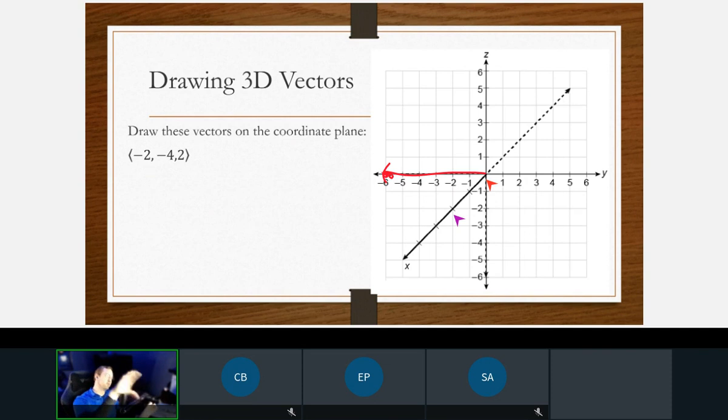So you gotta visualize this line right here is coming out of the wall towards you. And this dotted line is going back, well, forward, going, I guess, backwards, right? So this is the front and this is the back.